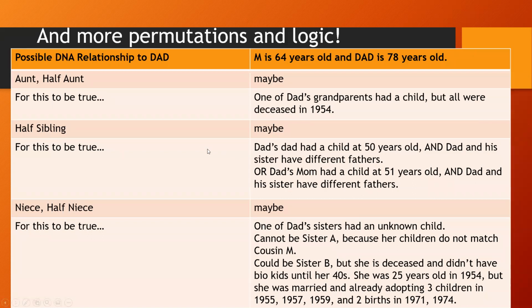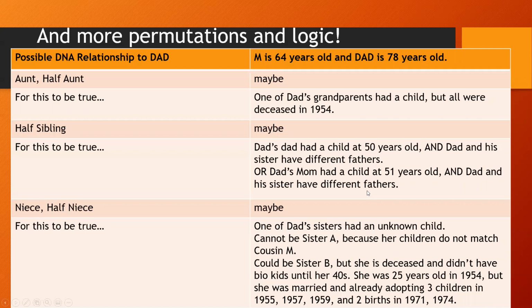For her, cousin M, to be a half sibling to dad, then either dad's mom had a child or dad's dad had a child. So dad's dad had a child at 50 years old, and the tester's dad and his sister have different fathers, or dad's mom had a child when she was 51 years old, and dad and his sister have different fathers.